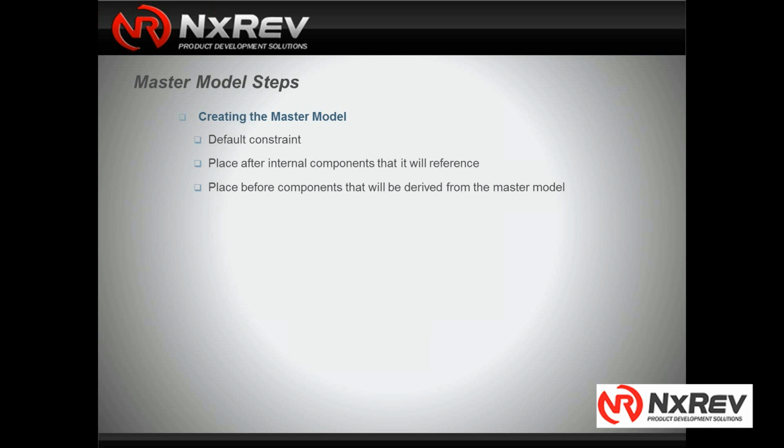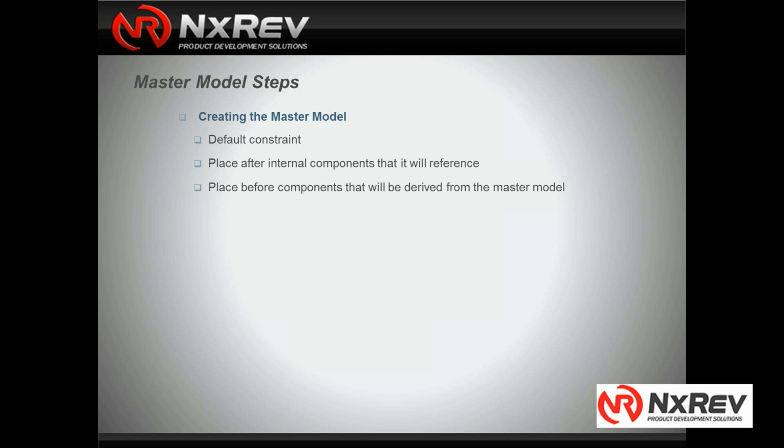As you know, with Creo, with Pro/E, you are regenerating your model tree from the top down. So that's the reason why you need to order them this way. When I say internal components that it will reference, typically we may start off with the styled surfaces of the master model, but a lot of times we have internal components: the electronics, the printed circuit boards, the mechanical of the assembly that we need to design our styled surface around.